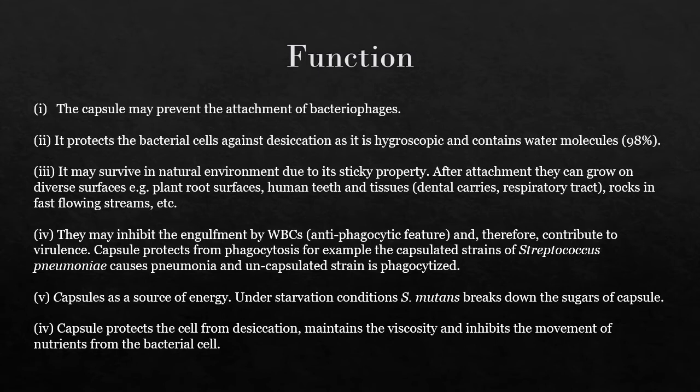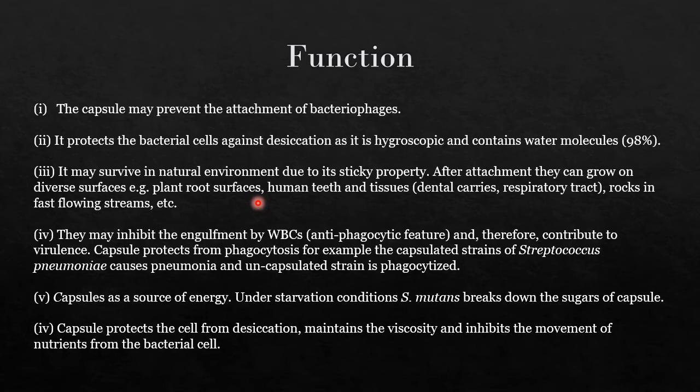It may survive in the natural environment due to its sticky property. After attachment, they can grow on diverse surfaces, for example plant root surface, human teeth, tissues, rocks and fast flowing streams, etc. As they have the capsules, they are sticky, so they help in attachment to the substrate.